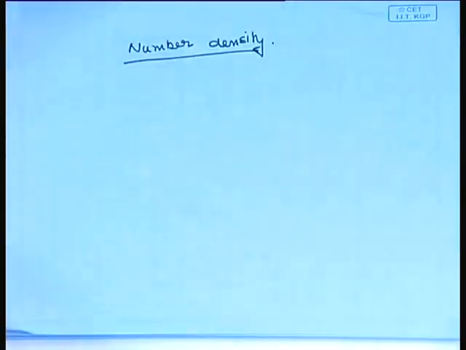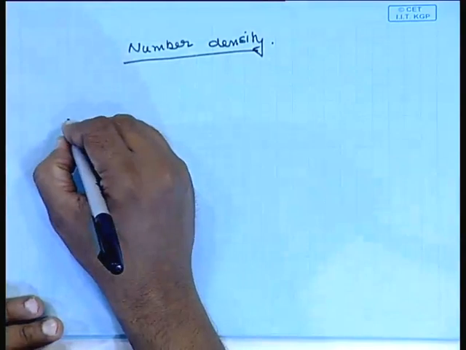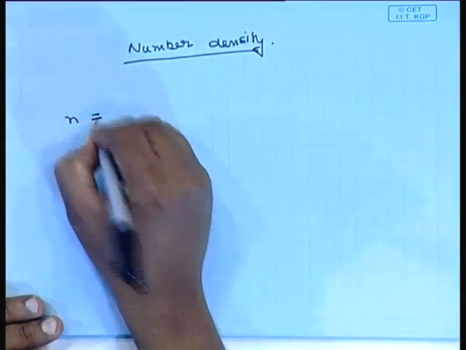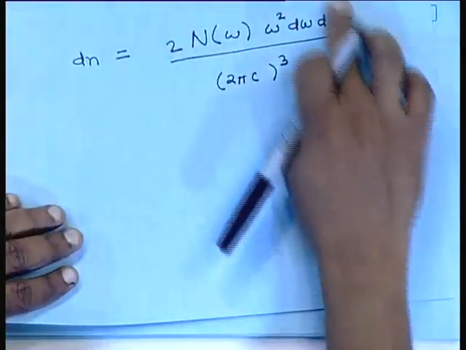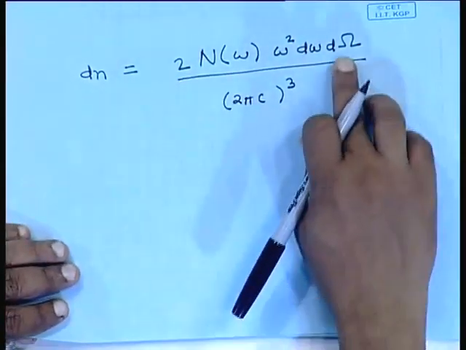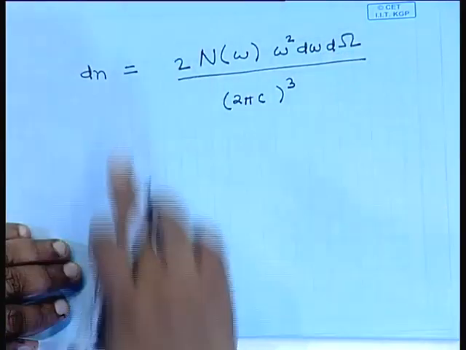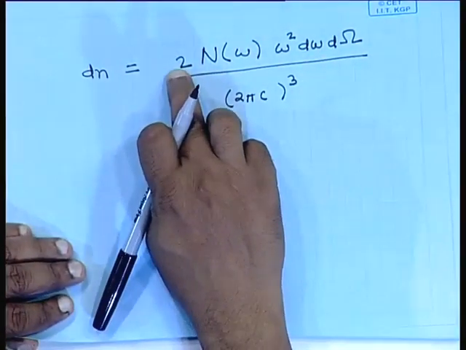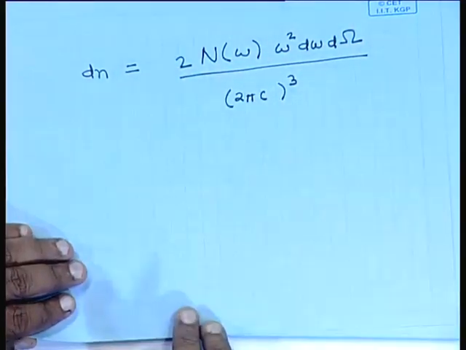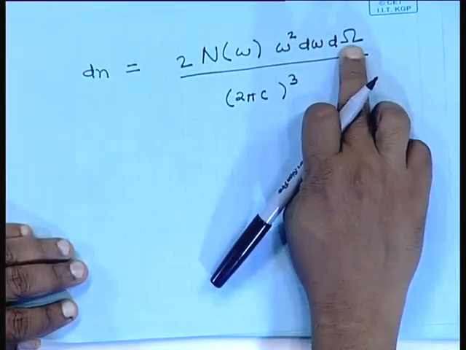So the number density n is what I get when I integrate over all of these. Now if I integrate over all solid angles, I get a factor of 4 pi. So in the numerator I will have 8 pi, and the solid angle integration will give me 4 pi.